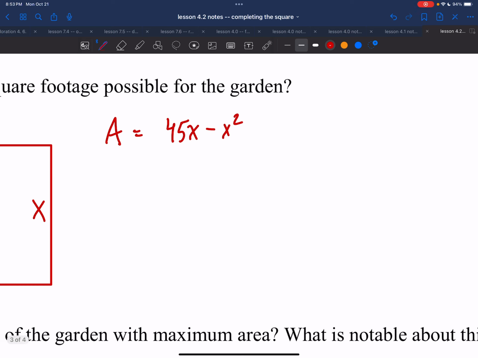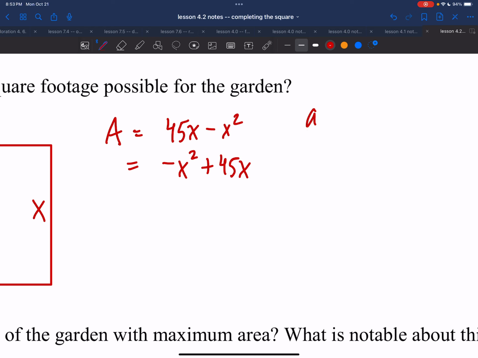So this is in standard form, right? Ax squared plus bx plus c. Well, what you could do is you could rewrite this with the x squared in front. You say negative x squared plus 45x. And this is in standard form. What if I had it in vertex form?